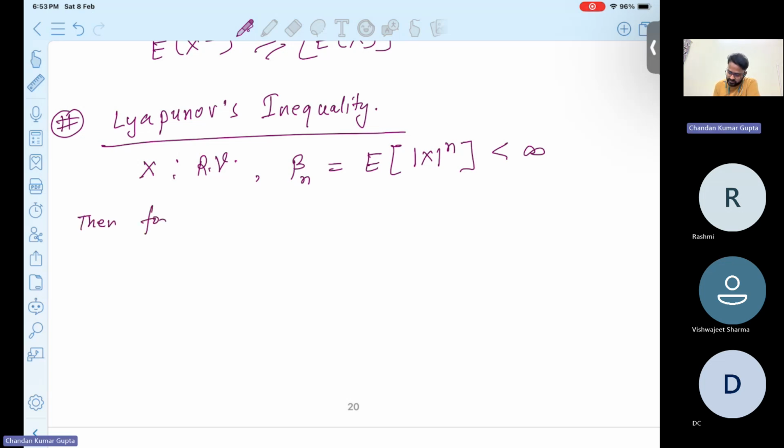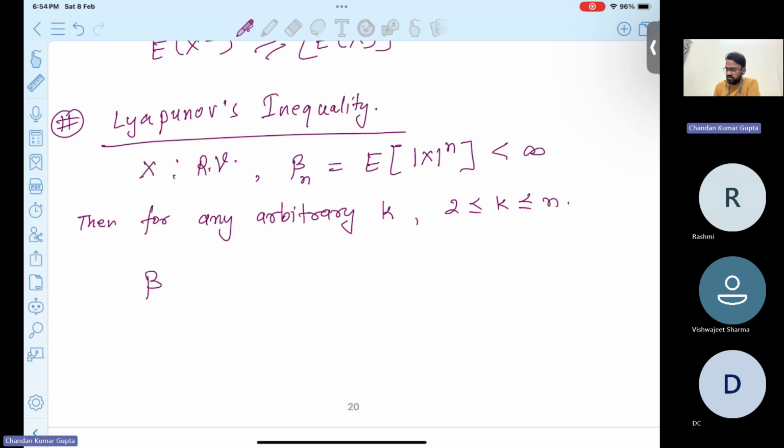Then for any arbitrary k, with k lying between 0 and n, we can write beta k minus 1 to the power 1 divided by k minus 1 is less than or equal to beta k to the power 1 by k. This is Lyapunov's inequality. We will use these in higher classes, but it is also one of the inequalities used in probability theory.